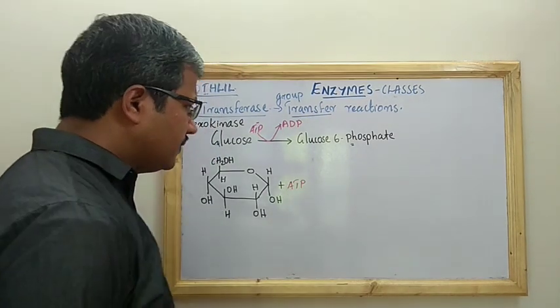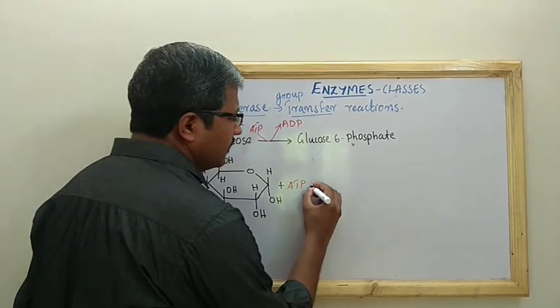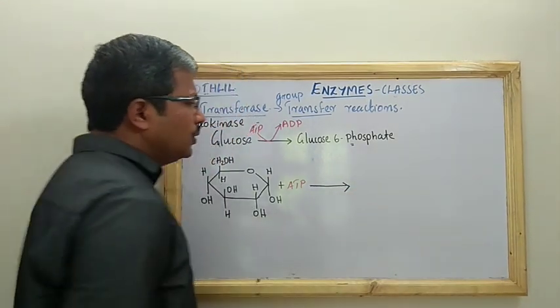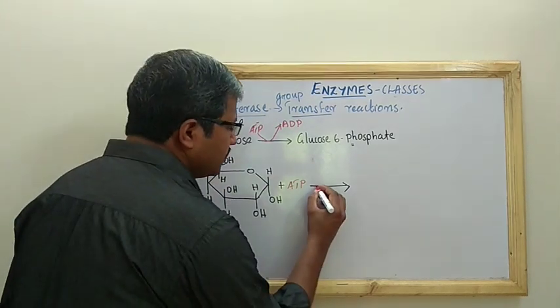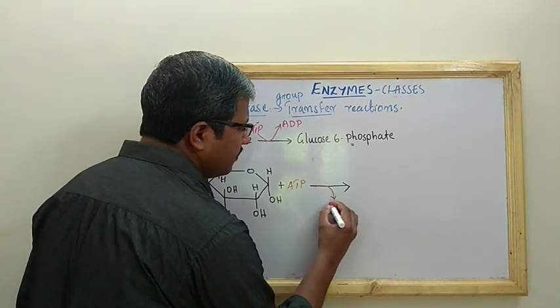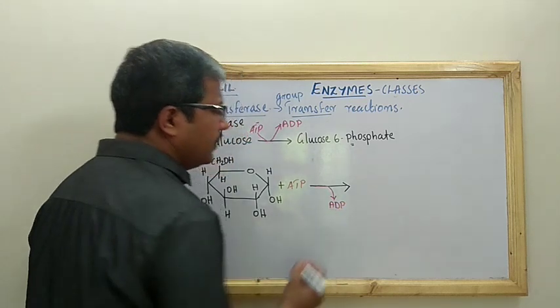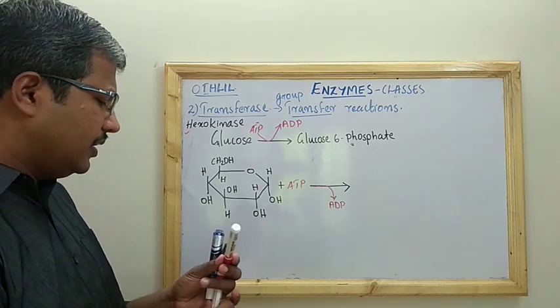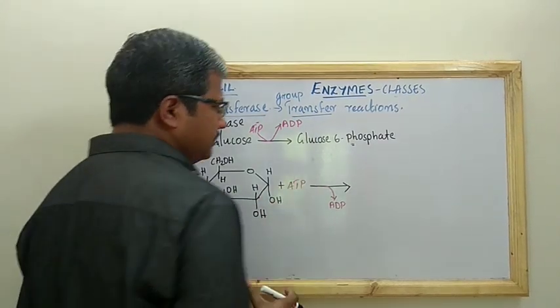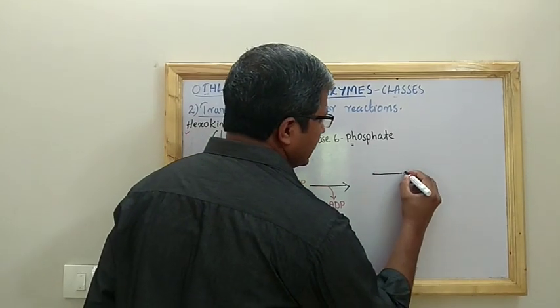As a result, glucose 6-phosphate should form, and at the same time ADP should be released. One phosphate group is added to the glucose at the 6th position.